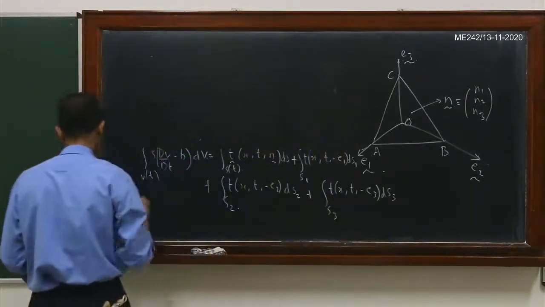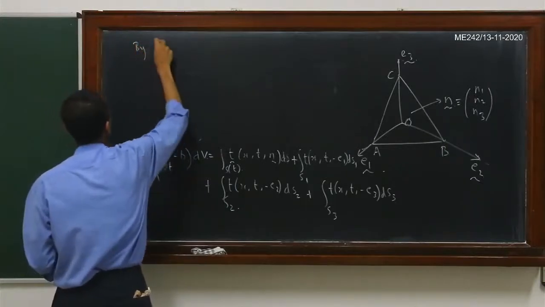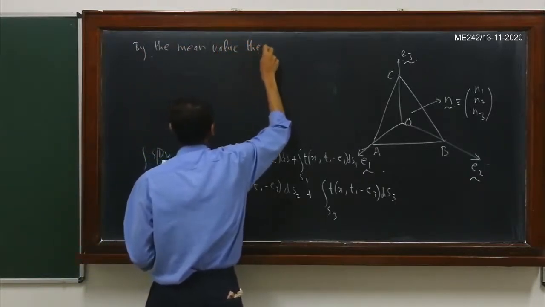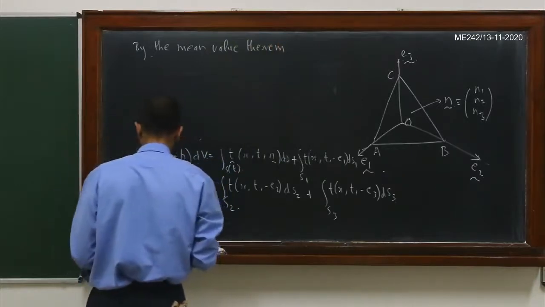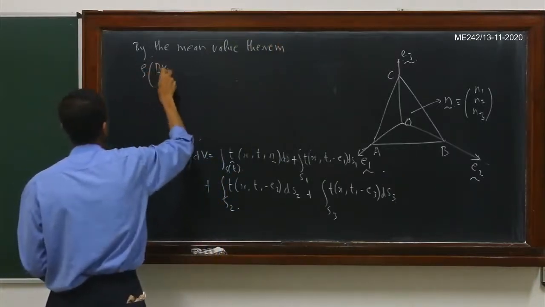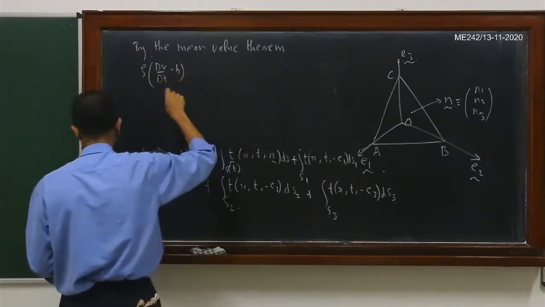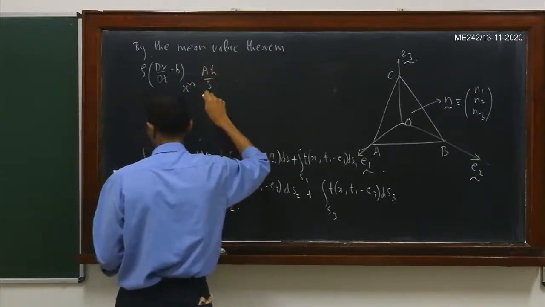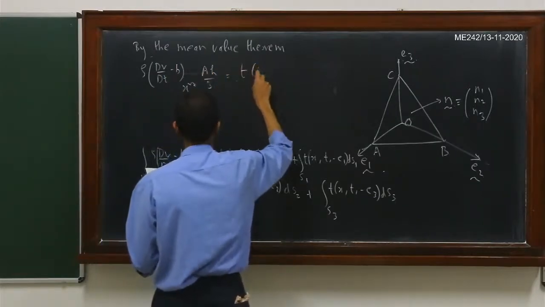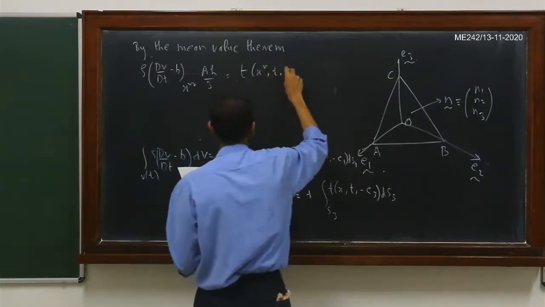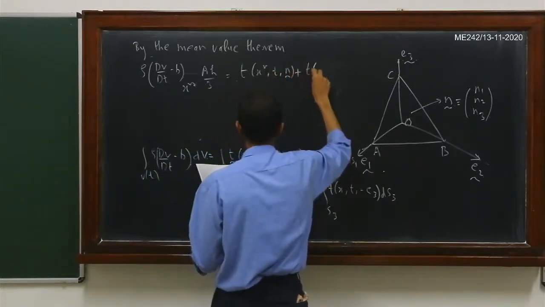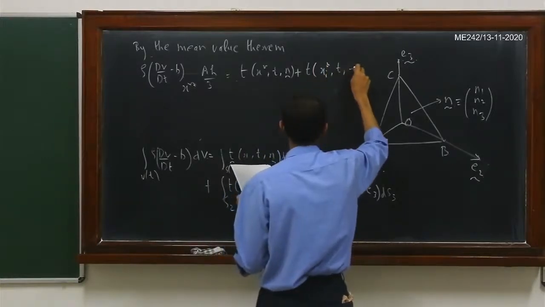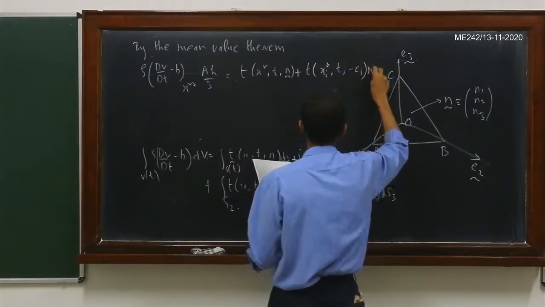By the mean value theorem, we will get that rho times dv by dt minus b, evaluated at x double star, times the volume, h by 3 times the area, is equal to T of x star comma t comma n plus T of xi star comma t comma minus ei times ni times the area.